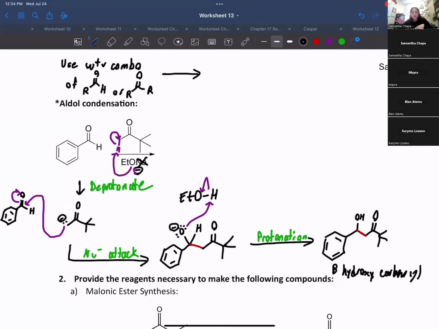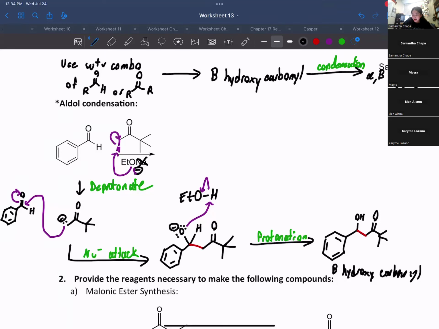For the next step, you have to make your beta hydroxy carbonyl. And then there's an additional step, and this is the condensation. When you lose water, because that's condensing, you'll make the alpha beta unsaturated compound.